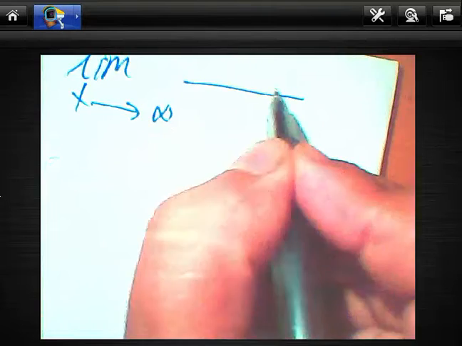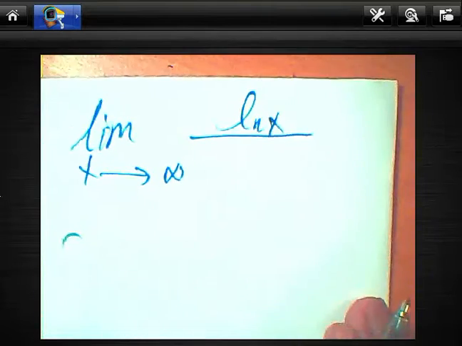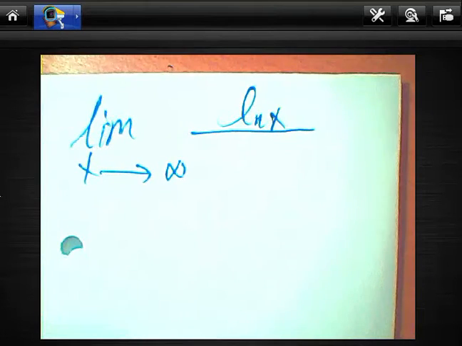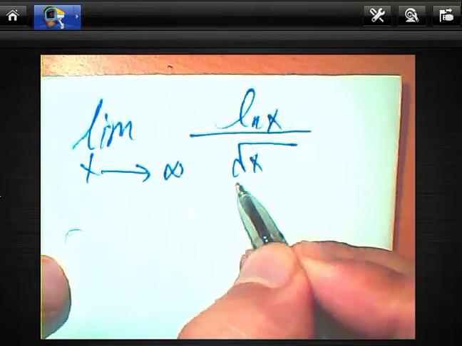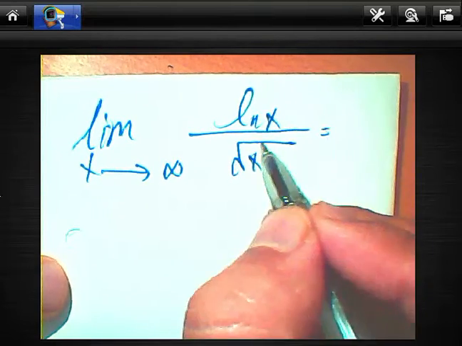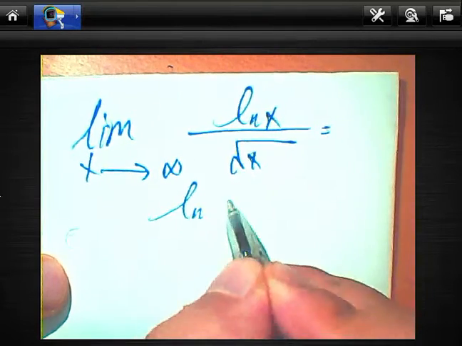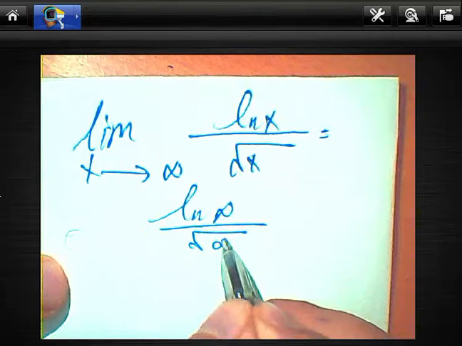What about the limit when x approaches infinity of ln of x over root of x? We must put infinity here. The result will be ln infinity over root of infinity.